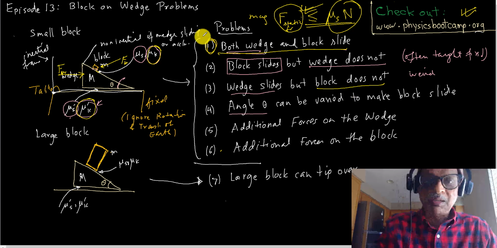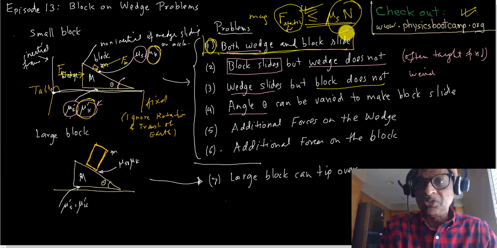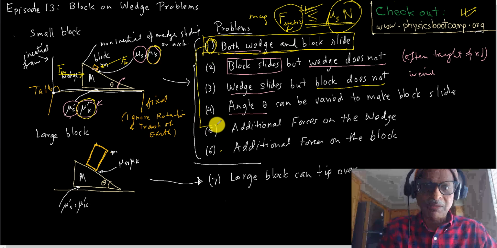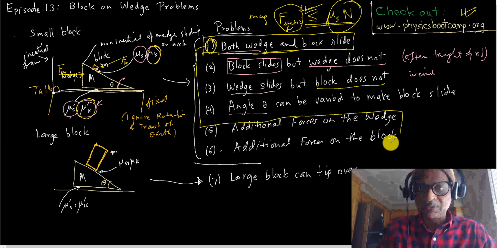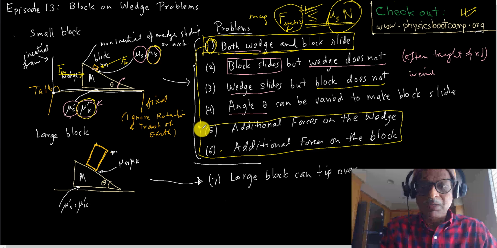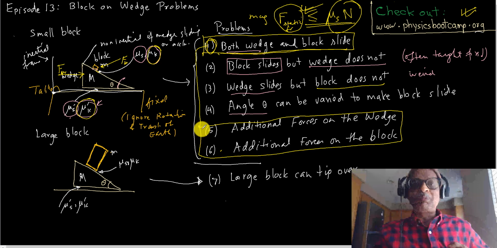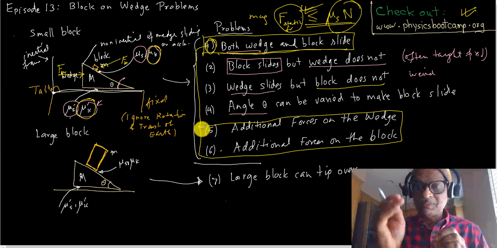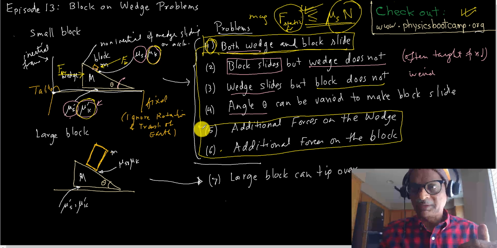Today I'm going to do just a very general study of this case, including these additional forces on the wedge and on the block. And I'll set up a problem in which knowns will be listed and unknowns will be listed.